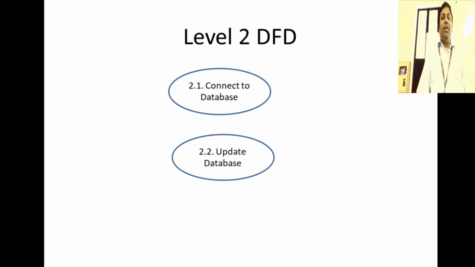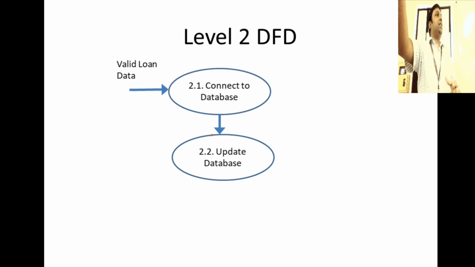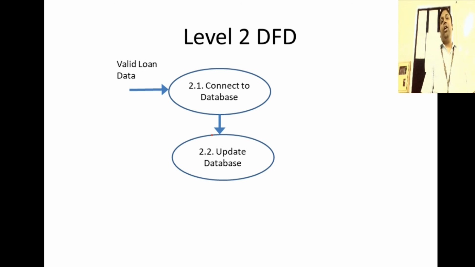So connection to a database itself can be a separate function that can be reused, wherein you will have the user credentials and the connection string. Once the connection is established, a valid connection will be returned. And you'll have this update database, which is another function. Once the connection is established, this function will use the connection for updating the database by running a SQL query on it.